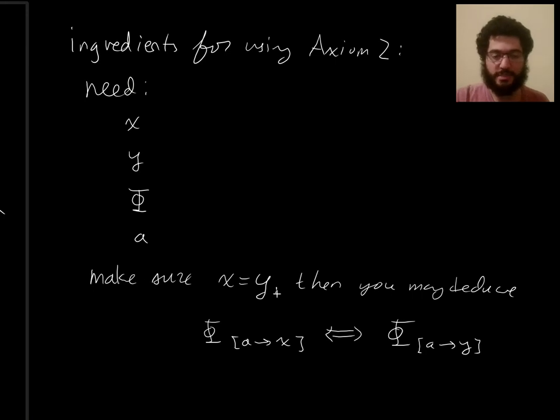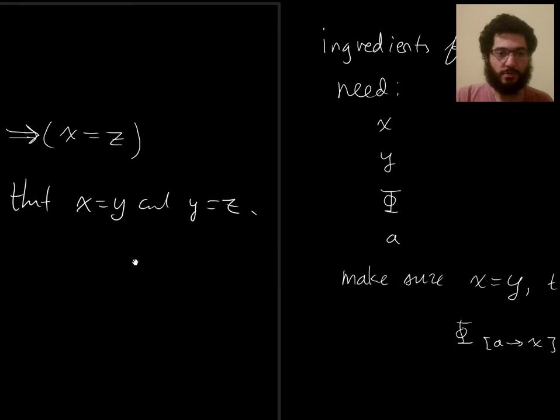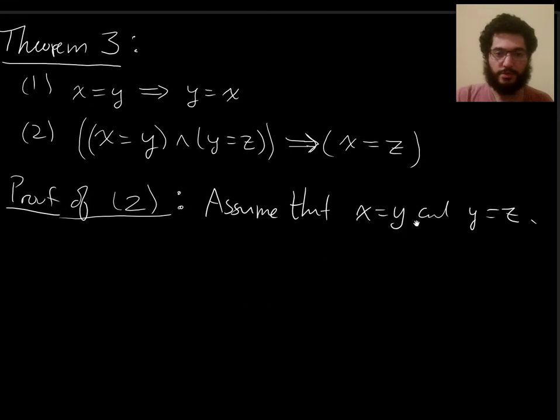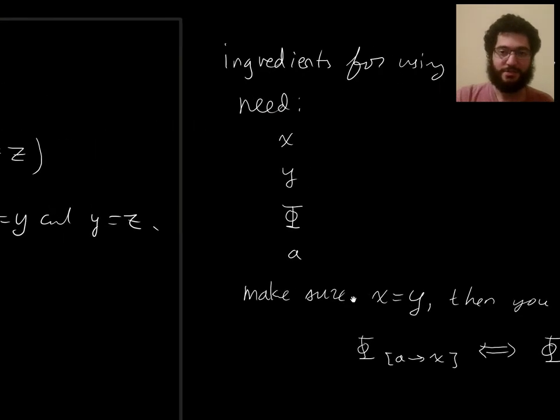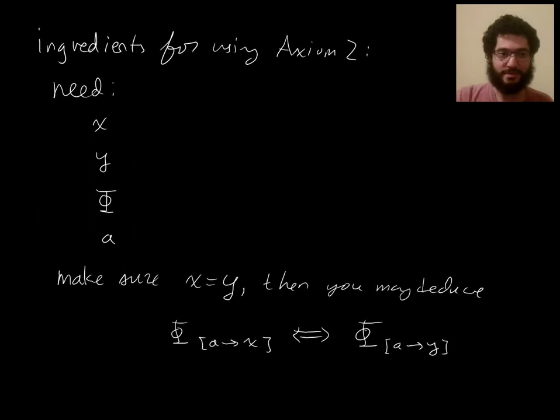Just make sure that x equals y, then axiom 2 allows you to deduce this. Okay, so for us, remember we are assuming x equals y and y equals z, and we would like to prove x equals z. So after thinking about it for a while, here's something that ends up being helpful.